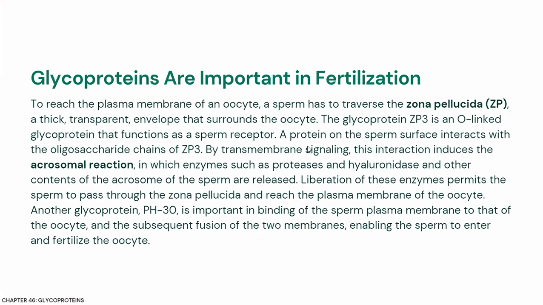Okay. So what are these enzymes there? Proteases and hyaluronidase. Hyaluronidase. And other contents of the acrosome or the head of the sperm are released. These enzymes, as they eat up the zona pellucida, the sperm now can pass through the zona pellucida and reach the plasma membrane of the egg cell.